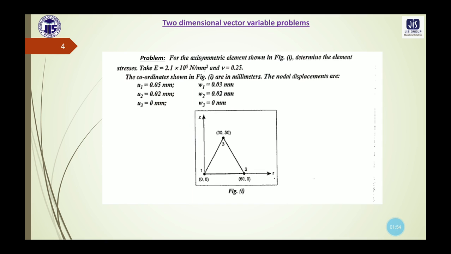Here the problem says that for the axisymmetric element shown in this figure, we need to determine the element stresses. The value of Young's modulus is given as 2.1 into 10 to the power 5 Newton per millimeter square, and the value of Poisson's ratio is given as 0.25.